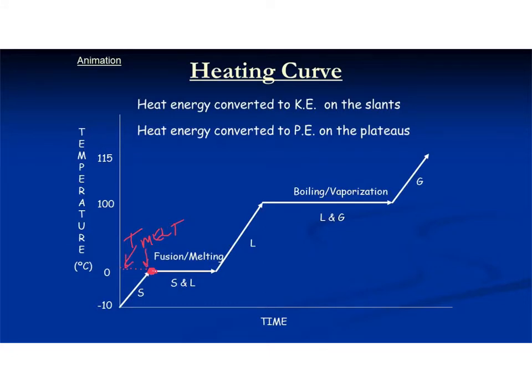Then here's our boiling point. This is where we start to see vapor, and if you translate it back, you get T boil, or T vaporization, which is equal to 100 C. Those are the two key points.